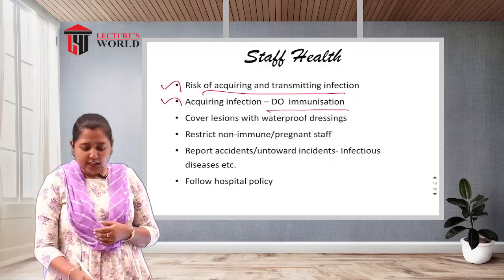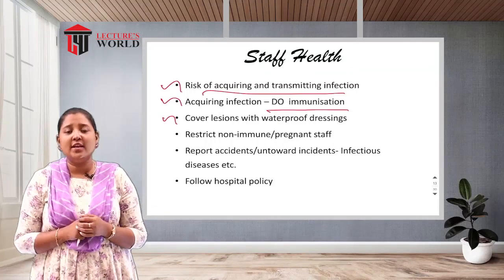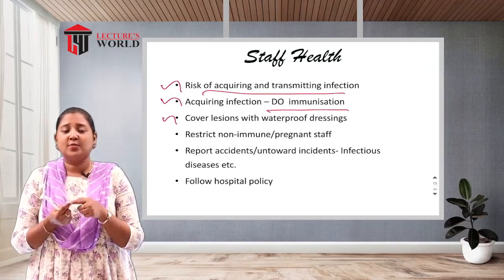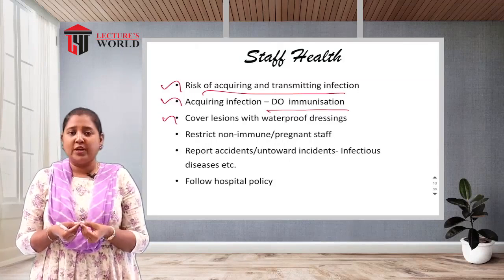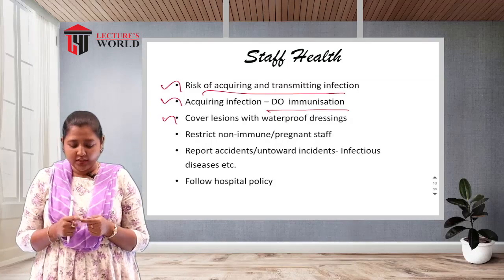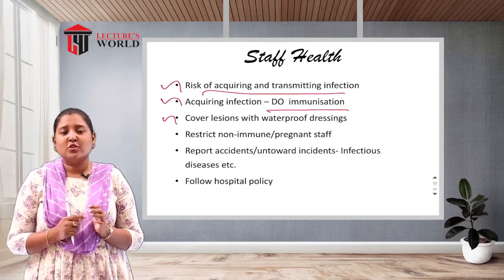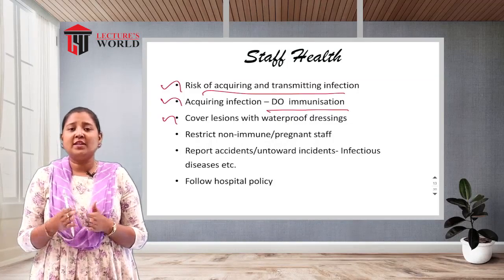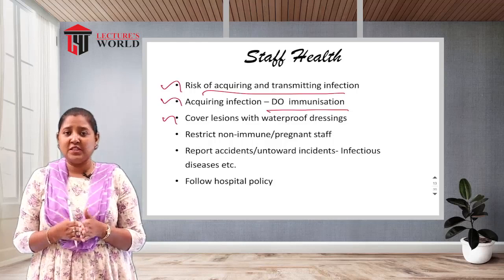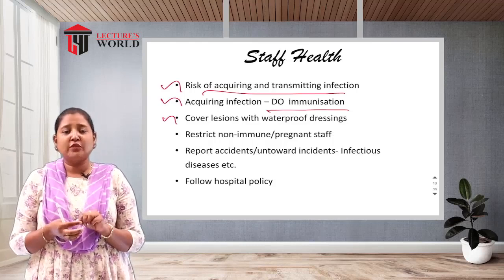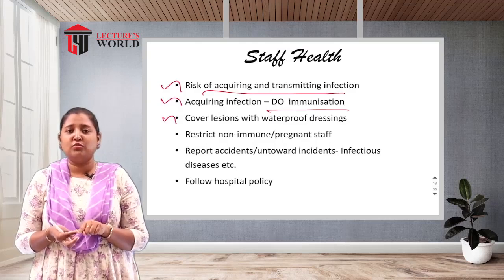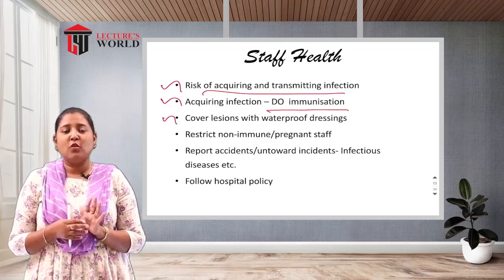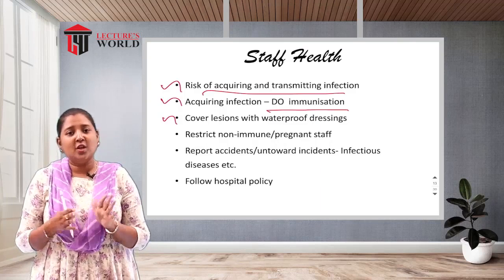And if you have any lesions while working, lesions in the sense of small wounds or cuts from small sharp instruments, if anything is open on your hand, then you have to cover them with waterproof dressings, so that it will not disturb the daily routine of taking care of the patient. Also, because of taking care of infectious patients, no infection will cross through the open wound. So such waterproof dressings can be used on open lesions.